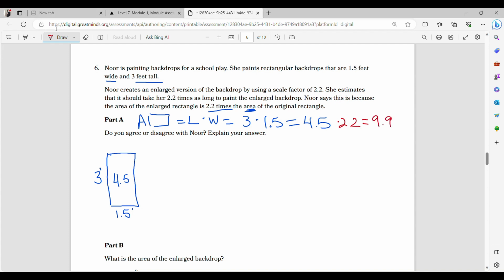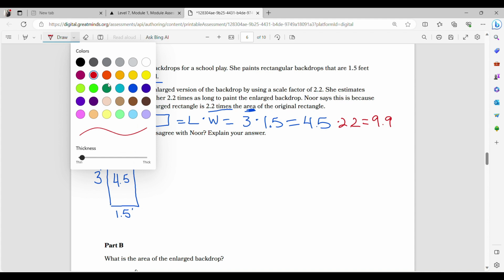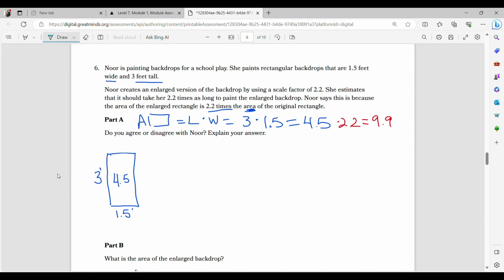Let's see if that's true. I don't know if I believe that. Alright, so we have to scale up 2.2 times. That means our rate became 2.2. 9.9. So, I don't know about that.